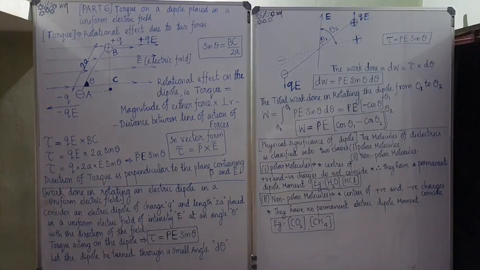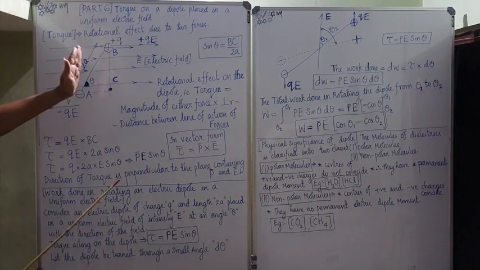Next, work done in rotating an electric dipole in a uniform electric field. Work should be done in rotating this electric dipole in a uniform electric field, so as to move this.